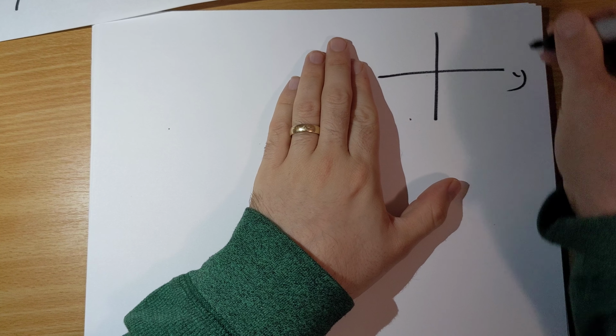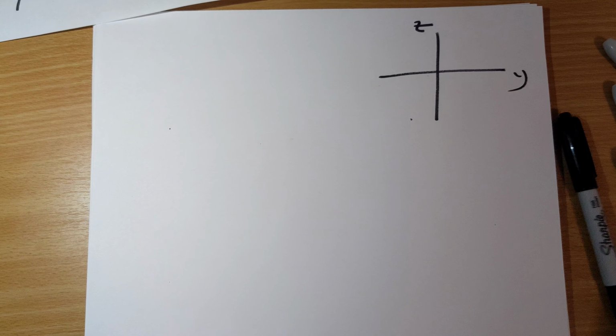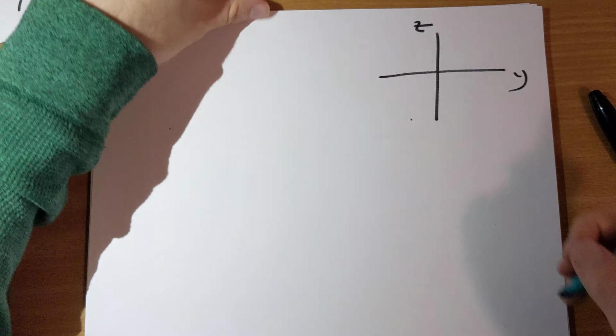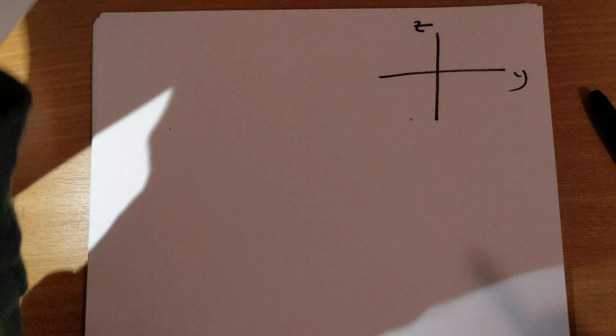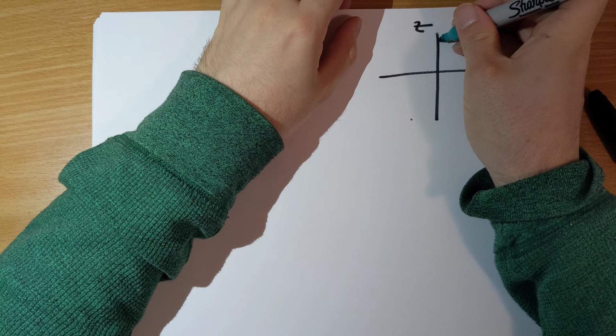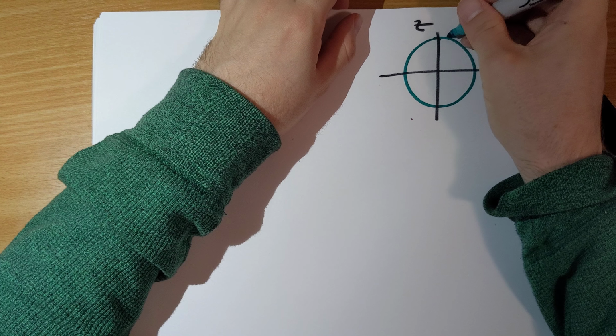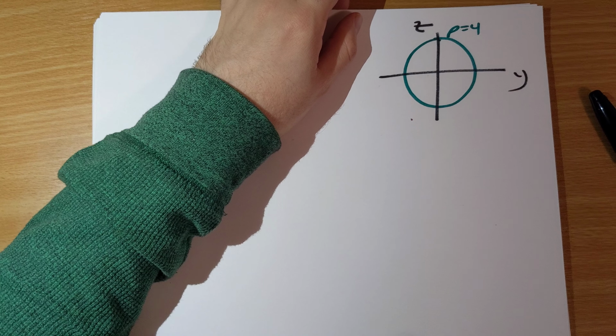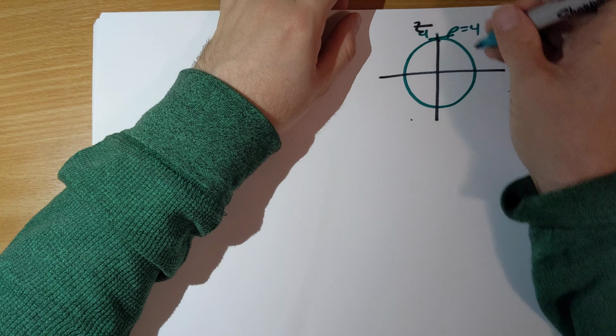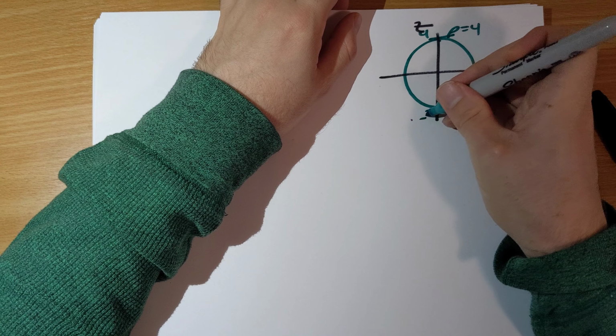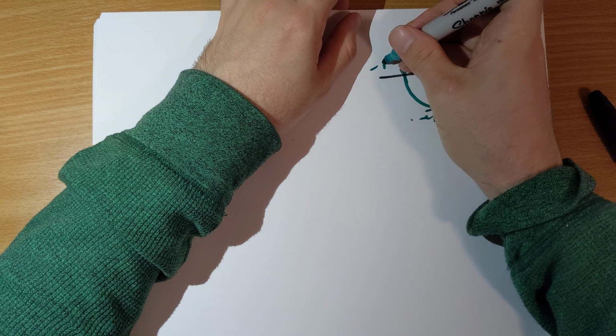The projection of the sphere looks like a circle of radius 4, the rho is equal to 4 circle, so that's 4, negative 4.